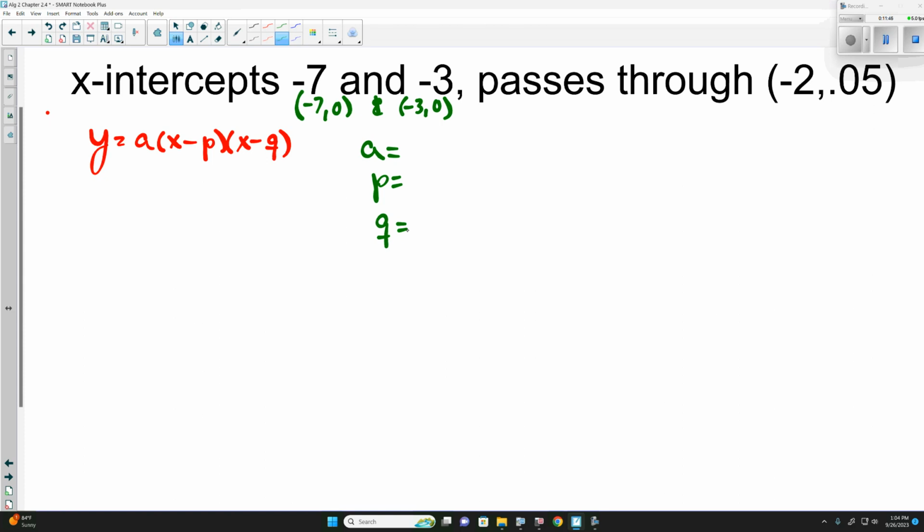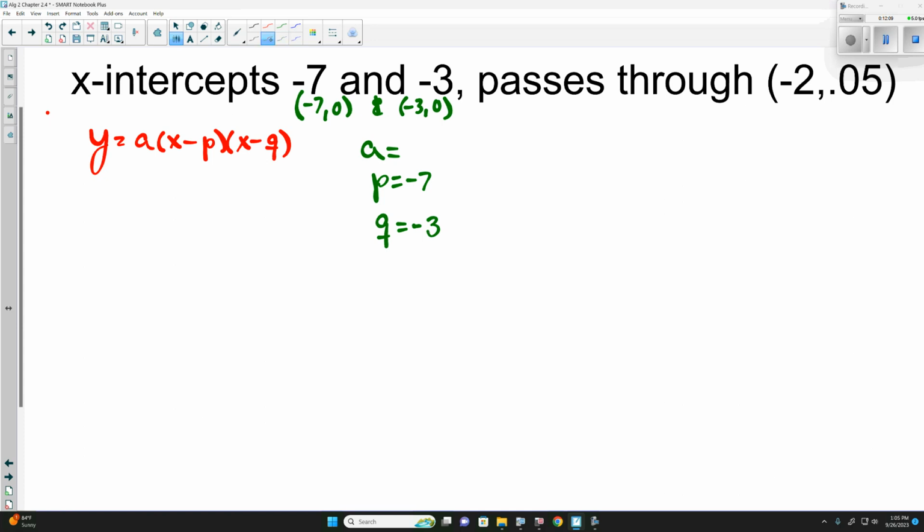Well, what would the value of p be? And q would be? Yes, or vice versa, because p and q can be interchangeable. I could have said p was -3 and q is -7. I just need to pick one as p and the other as q.